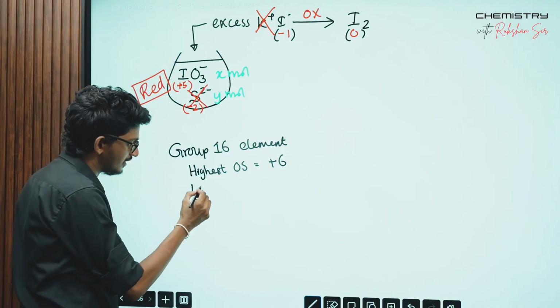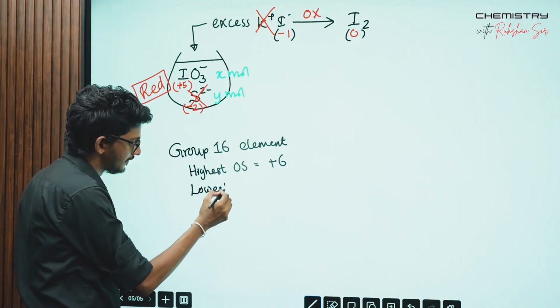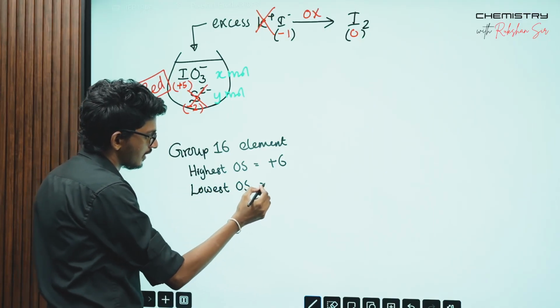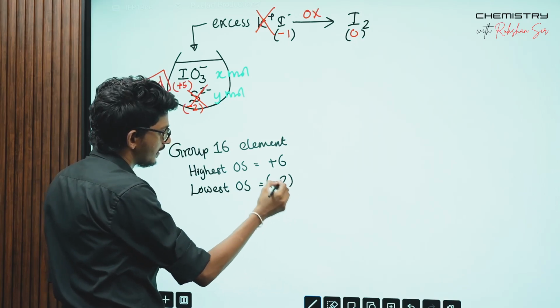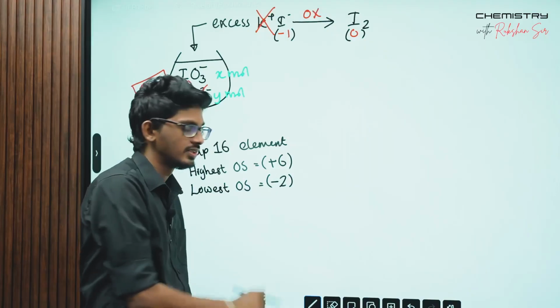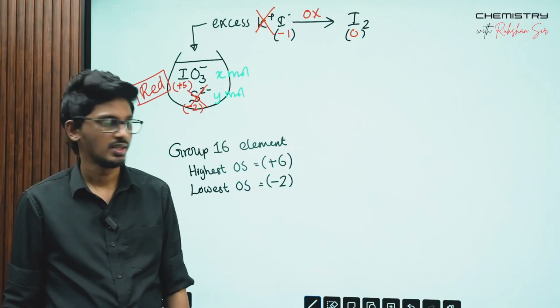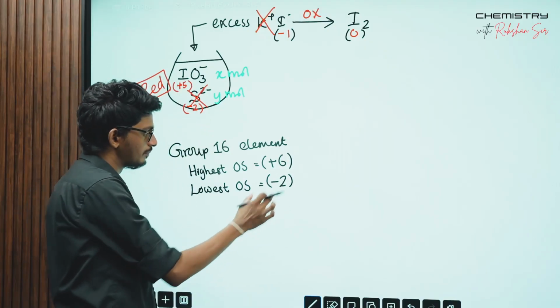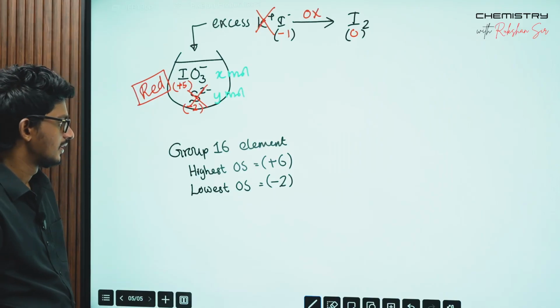Your lowest oxidation state is actually -2, which is the number of electrons required to complete the valence shell, right?